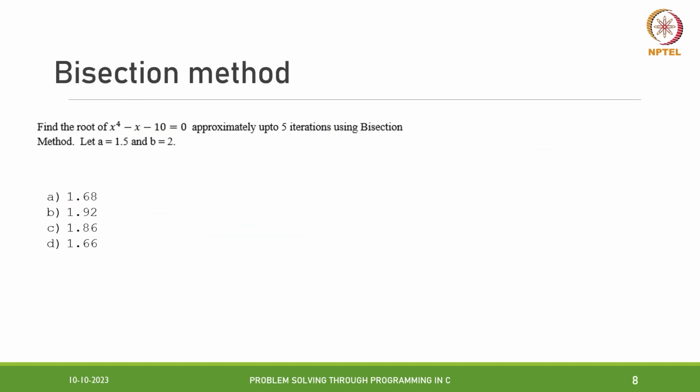Then let's go to something that we read a while back, that is bisection method. Why I have added the bisection method part here is because we were looking at different kinds of methods, right? So we looked at the interpolation method, which is basically this Lagrange method of interpolation.